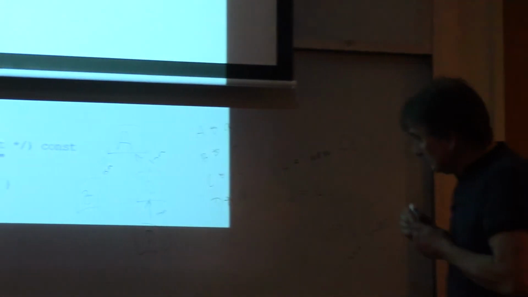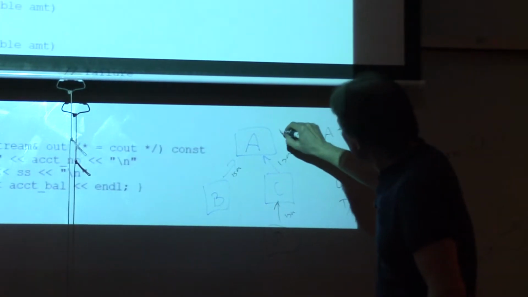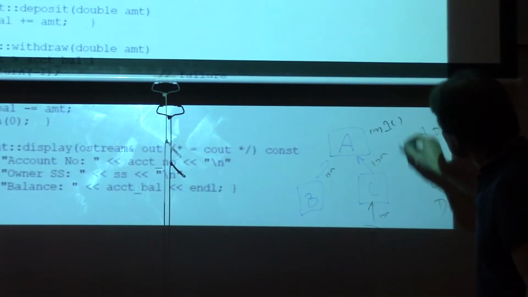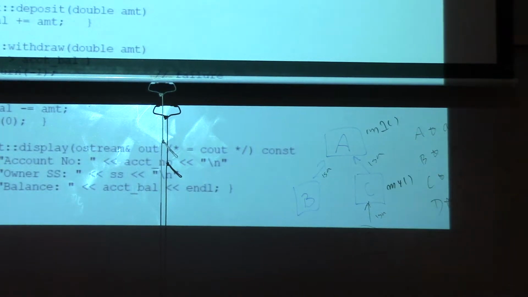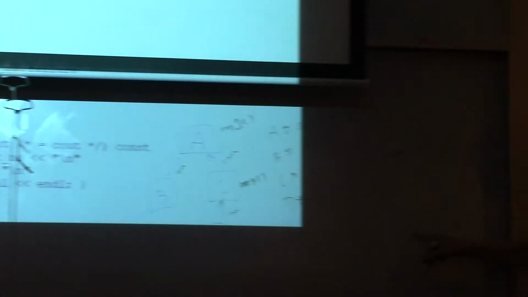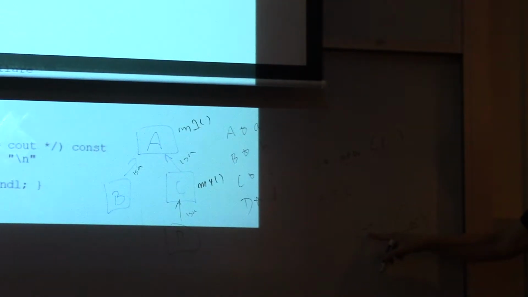Now, suppose there's a method here called M1, and suppose there's a method here called M4. Which methods can I call here? C pointer M1. Can I call C pointer M4?